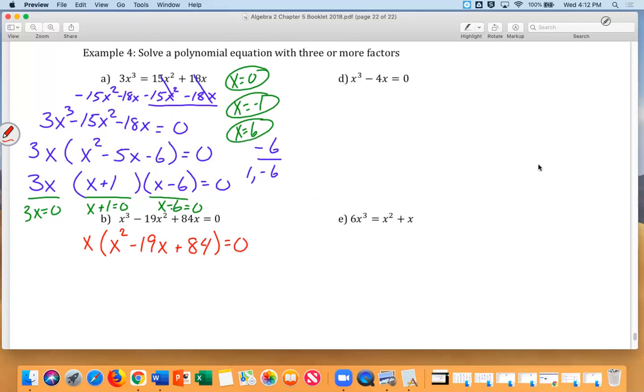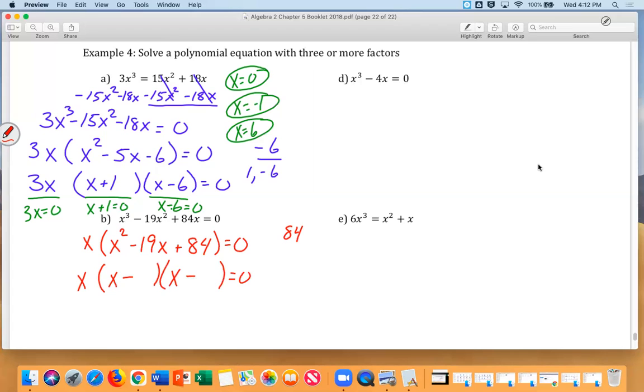Now I'm looking for the factors of 84 that can give me 19. I see it. Okay, I don't know why I didn't see it a second ago. Now I do. All right. It follows the pattern of negative positive, which means my answer is going to have to factor to x minus some number and x minus some number.